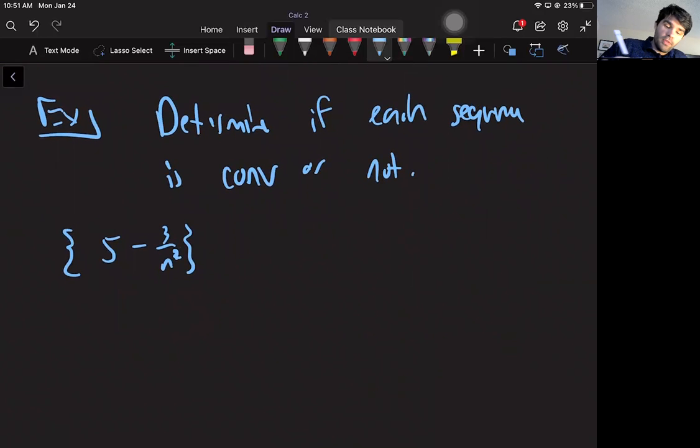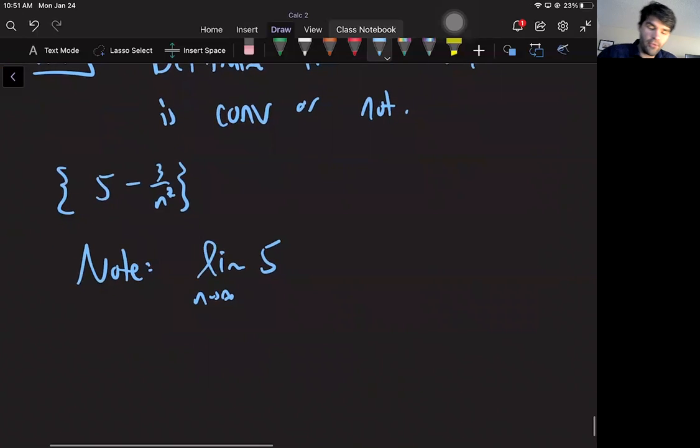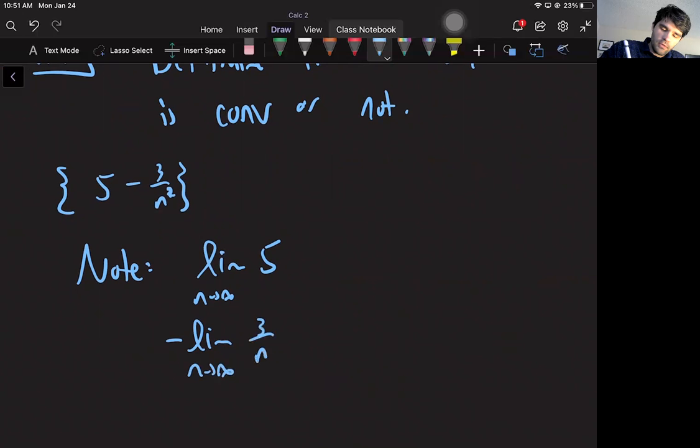You can sort of think about this in two ways. One is to separate it into two pieces. So this is really just the limit of 5, and then the limit of, with a negative in front, 3 over n squared.